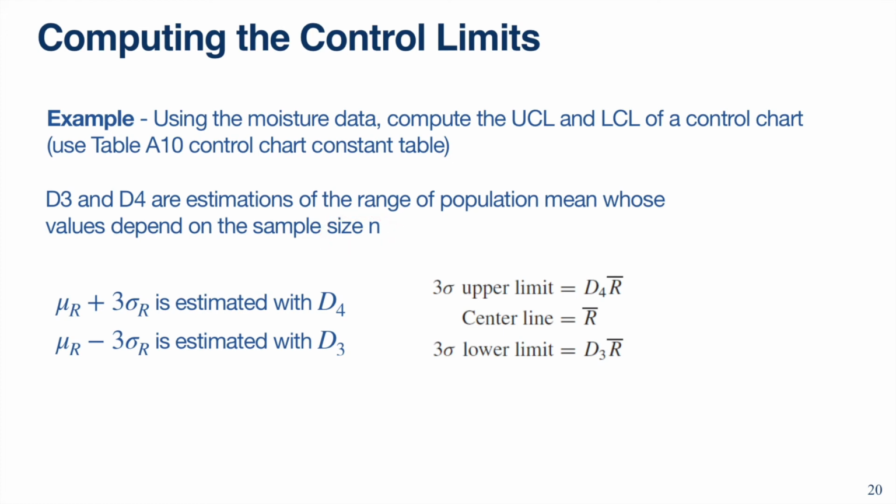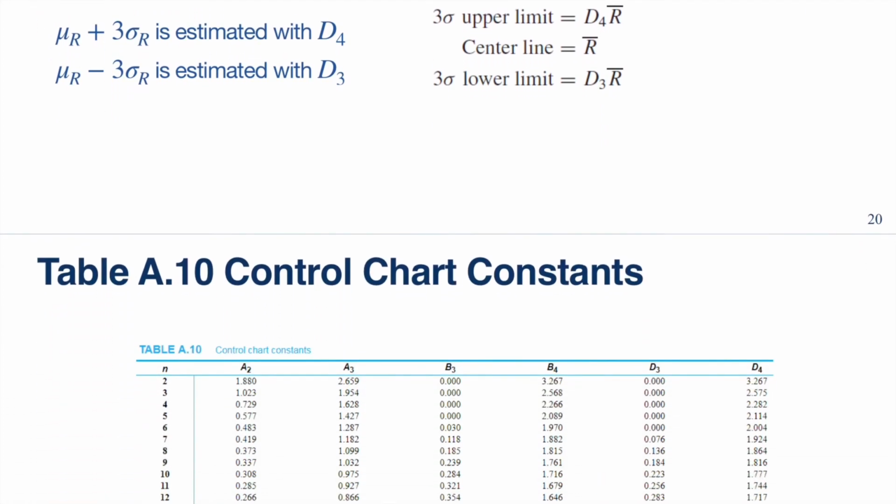The upper control limit, mu R plus 3 sigma R, is estimated with constant D4, and mu R minus 3 sigma R, the lower control limit, is estimated with D3. So it's very simple. The upper control limit is just D4 multiplied by R bar, and the lower control limit is D3 multiplied by R bar.